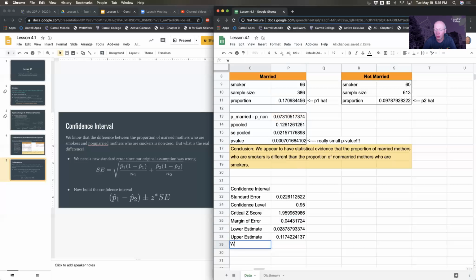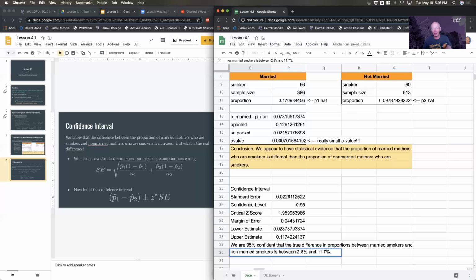Okay, so our conclusion now is that we are 95% confident that the true difference in proportions between married smokers and non-married smokers is between 2.8% and 11.7%.